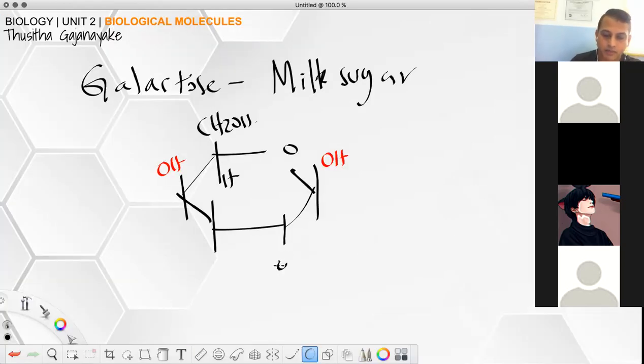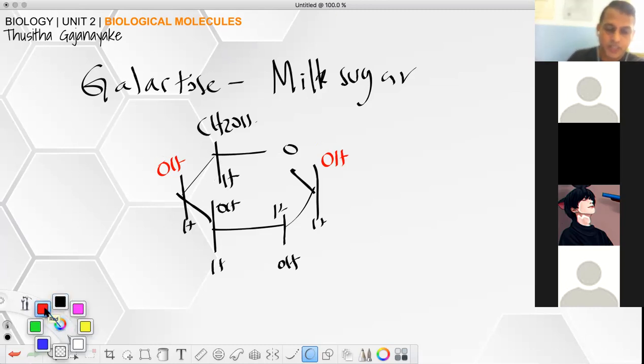Then the rest is the same. Because of this orientation it is different to glucose, but it is still a reducing sugar because it has this carbonyl group.